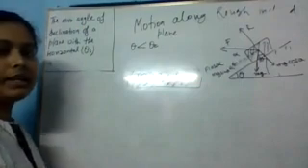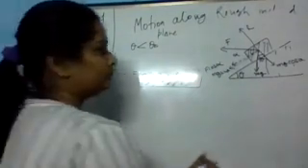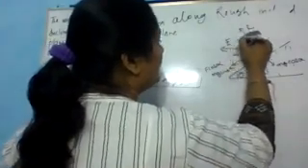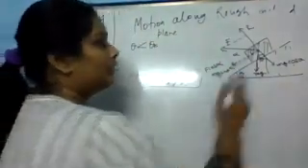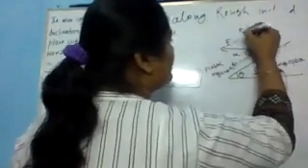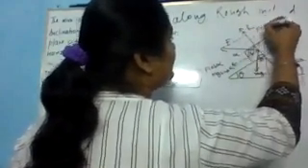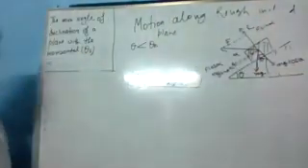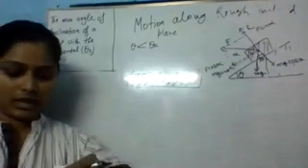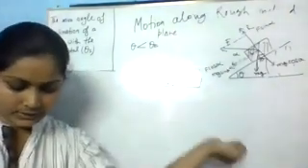Where will be the F sin alpha? This is your F cos alpha, then where will be your F sin alpha? At the 90 degree. This will be your F sin alpha. Are the components clear?